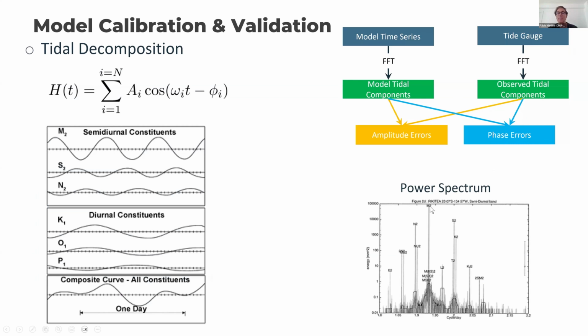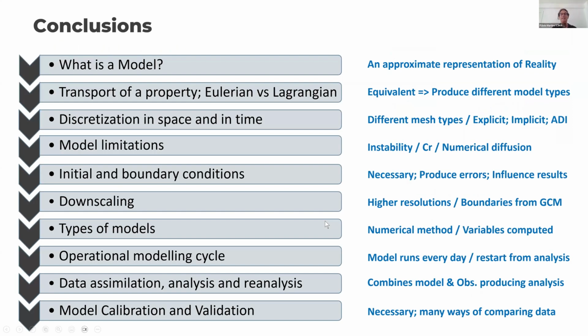For example, in a tidal system, the highest energy in this case is M2, the frequency of the M2 constituent. And if the model produces the same or similar energy, it's a good sign that the model is performing well.